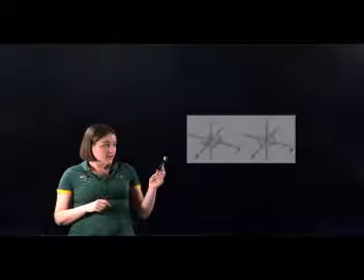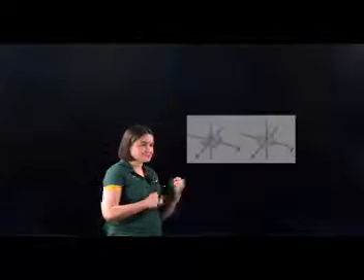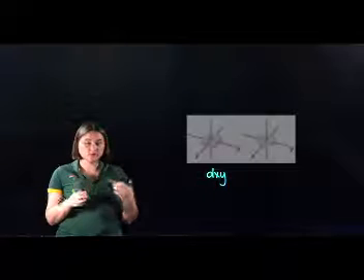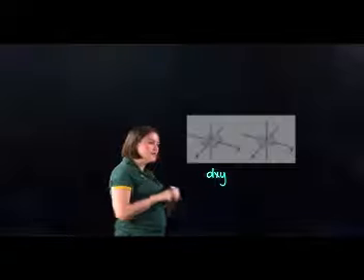Now, we talked, and I said more than once, that when you have the dxy, the lobes of your d orbital, or the leaves of your clover, are between the axes.